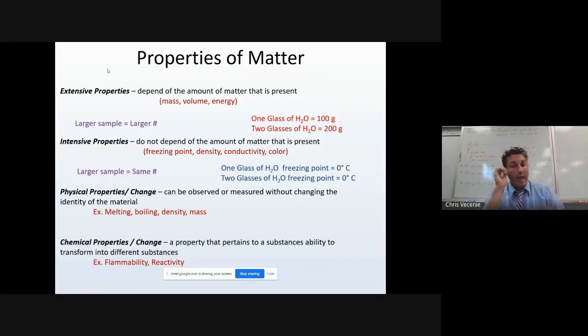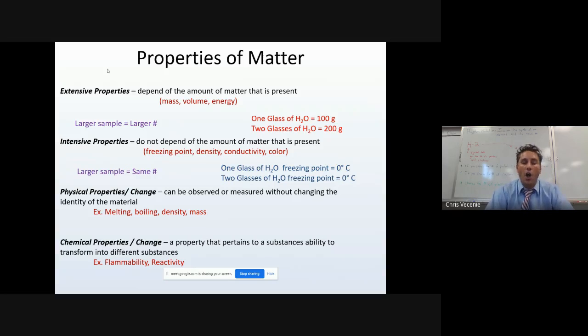Volume is the same as that. If I ask you to measure the volume of a cup of water, you would get one number. If I asked you to measure the volume of an ocean of water, you would get a much, much larger number. Energy does the same thing; energy depends on the amount. If I burn a match or I burn a log, the log's going to emit much more energy.